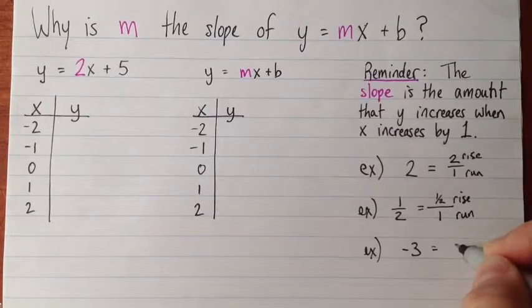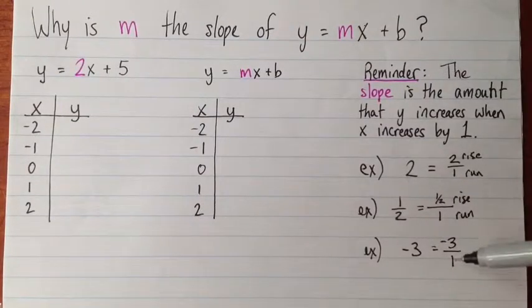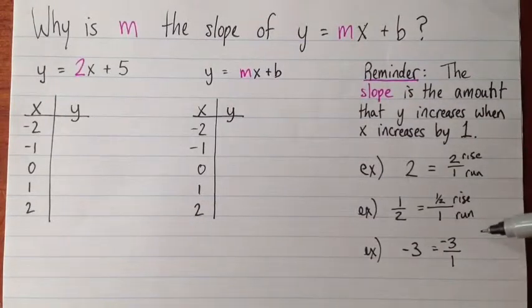And if we have a slope of -3, we can think of that as -3 over 1. So when we say that y is increasing by -3, that means y is going down by 3, decreasing by 3, every time x increases by 1. This is just an alternative way of looking at the slope. Either one is perfectly good.